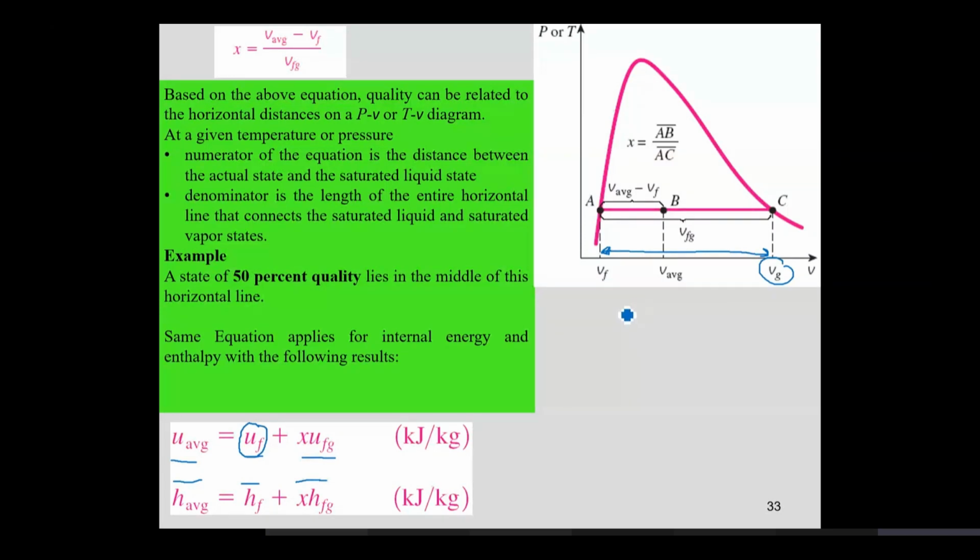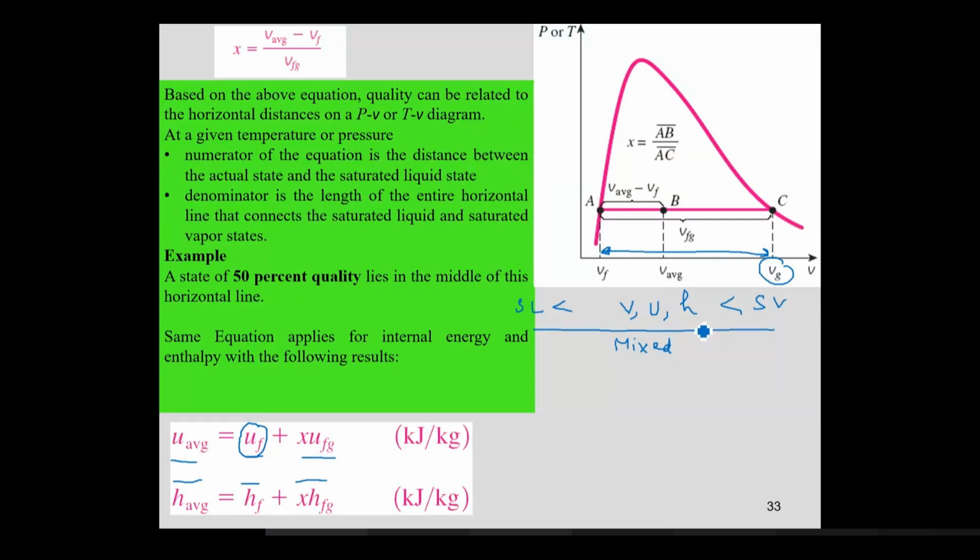All right. Now, if your specific volume or, let's say, internal energy or enthalpy value is greater than that of saturated liquid and less than that of saturated vapor, I am in which region? जहाँ पे दोनों मिक्सचर एग्जिस्ट कर रहा है.